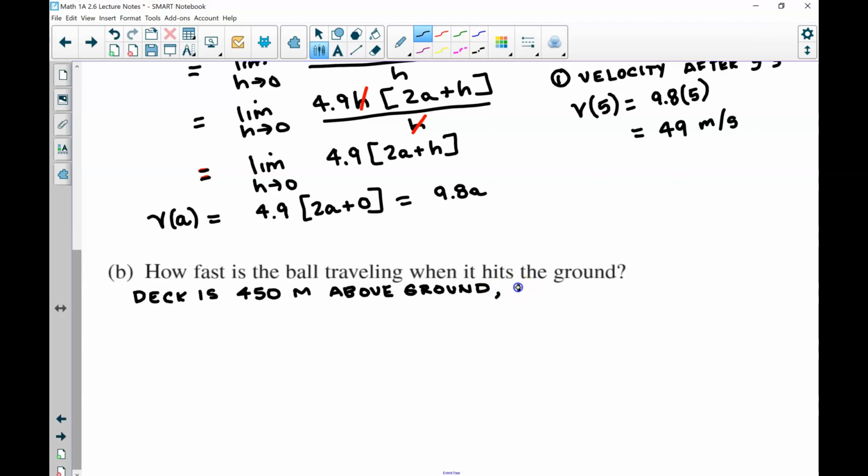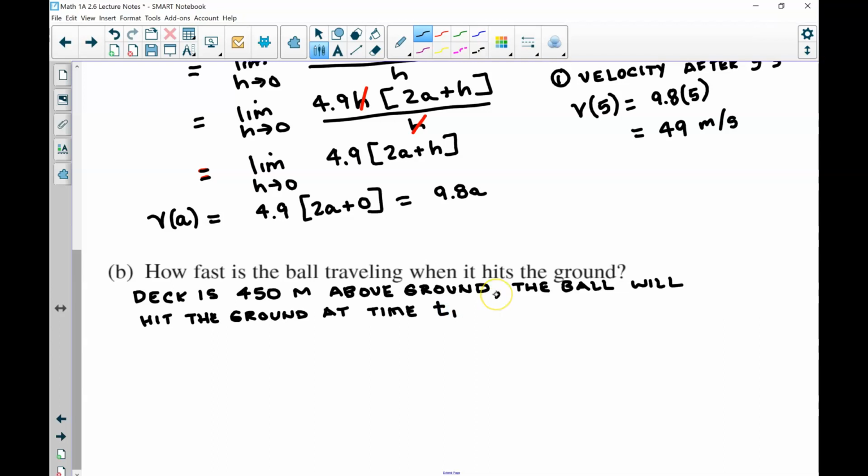So that means that the ball will hit the ground at time t, and we're going to call that t subscript 1, okay?